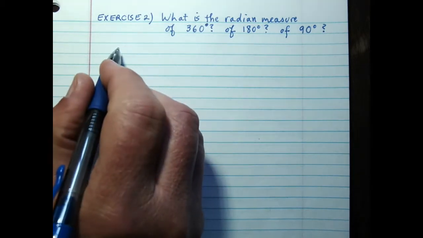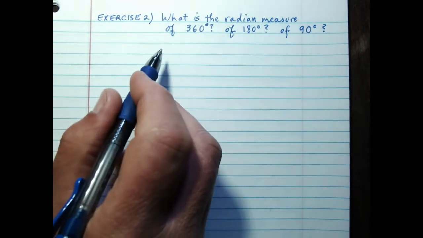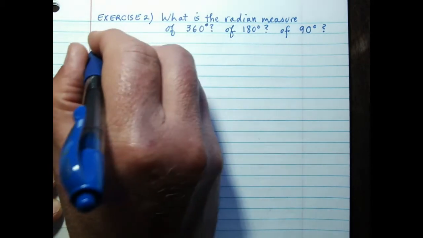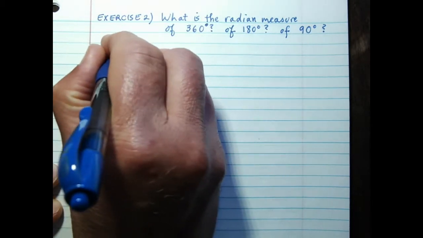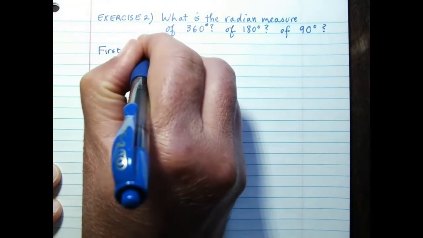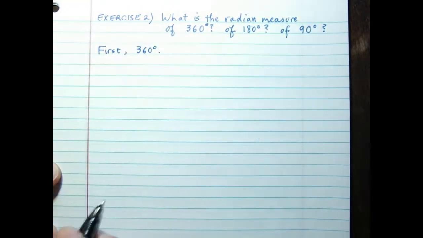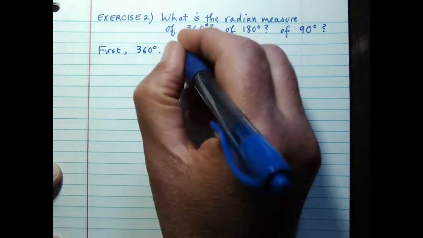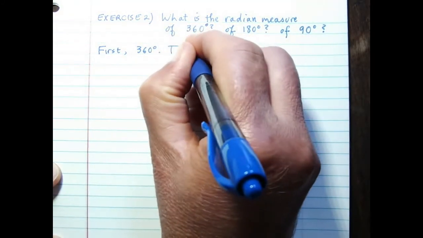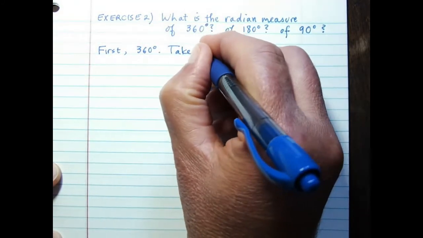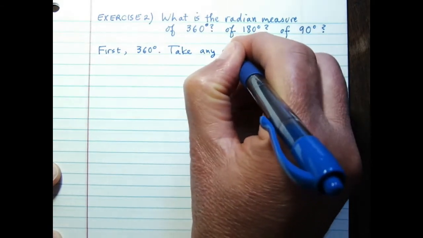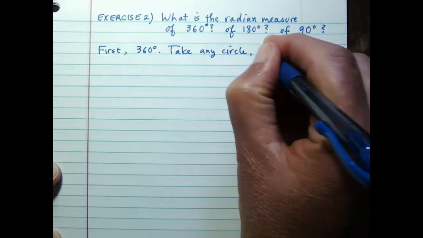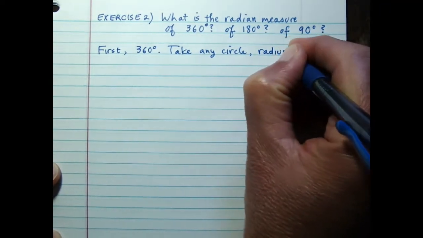So we're going to go back to the formula to derive these. And so first, 360 degrees. And what I'm going to do is I'm going to take any circle, radius r.